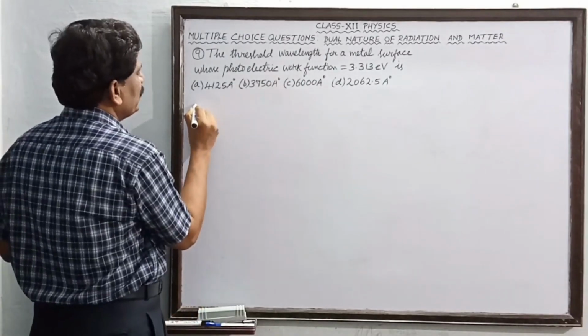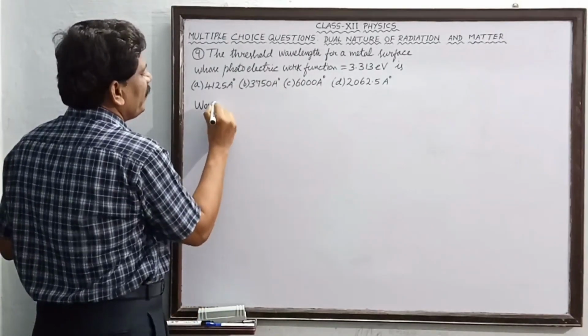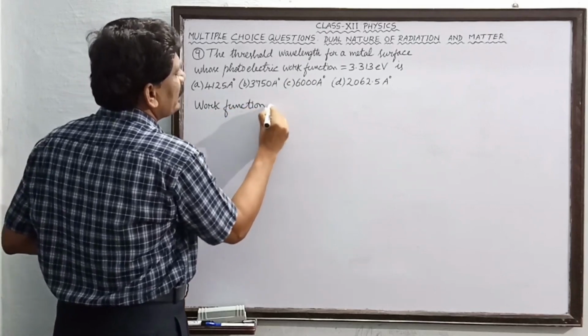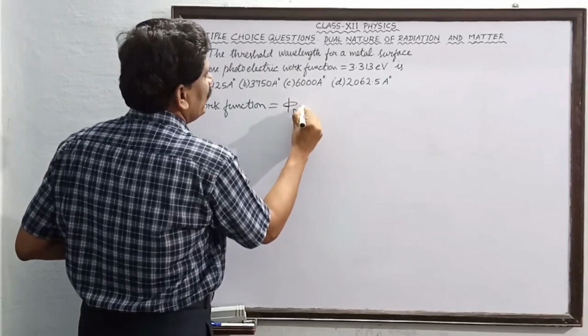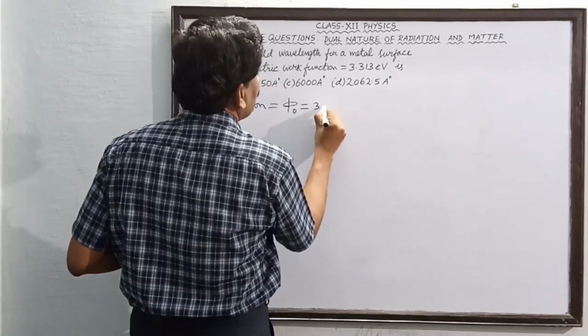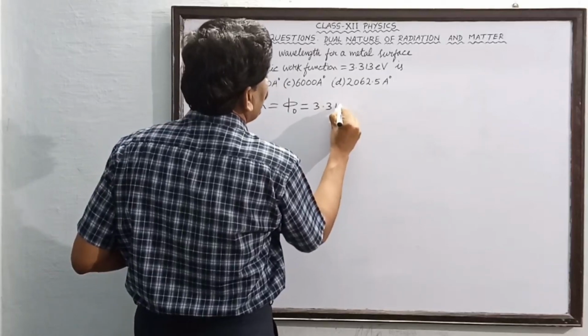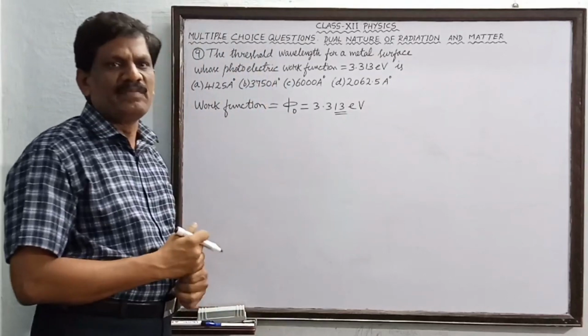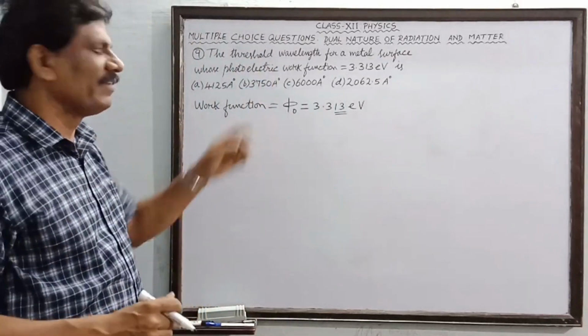The symbol for work function is phi naught, and this is given as 3.313 electron volt. The last two digits can be eliminated because they are not going to affect the value.